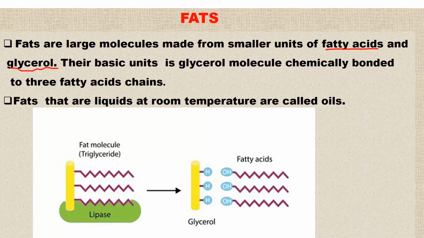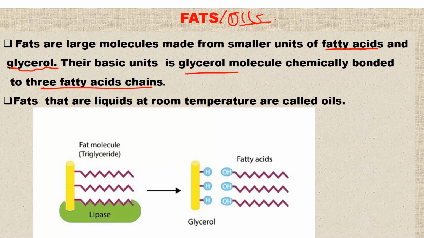So fatty acids and glycerol are the basic units of fats. Okay, so fats can alternatively be referred to as oils. And of course, oils are simply fats that are liquid at room temperature. Very important. Now, the basic unit is a glycerol molecule chemically combined with 3 fatty acids.